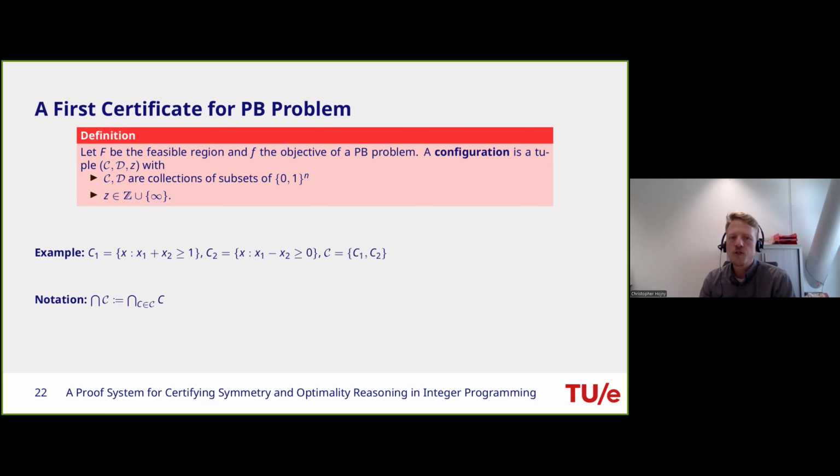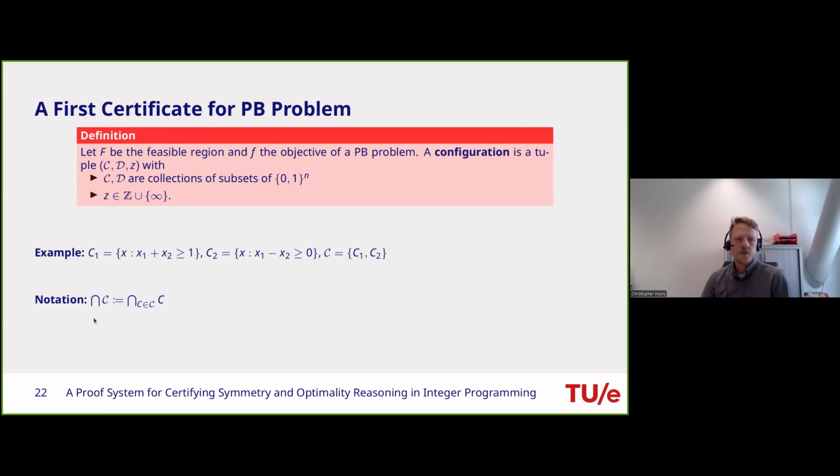And just to illustrate again this concept of constraints, let me write down how such a set curly C could look. It consists, in this example, of two constraints, and each of these constraints is all the binary vectors x that satisfy a given linear inequality.